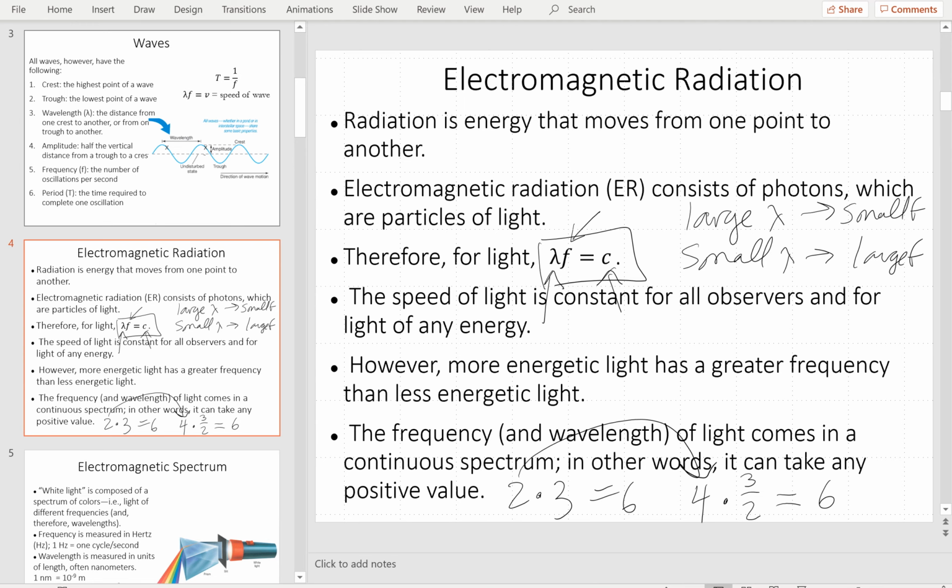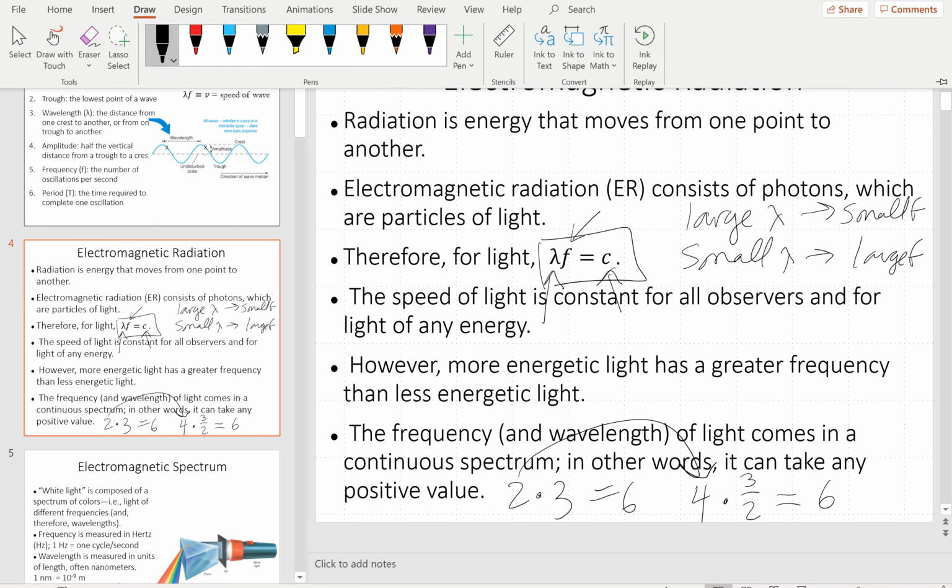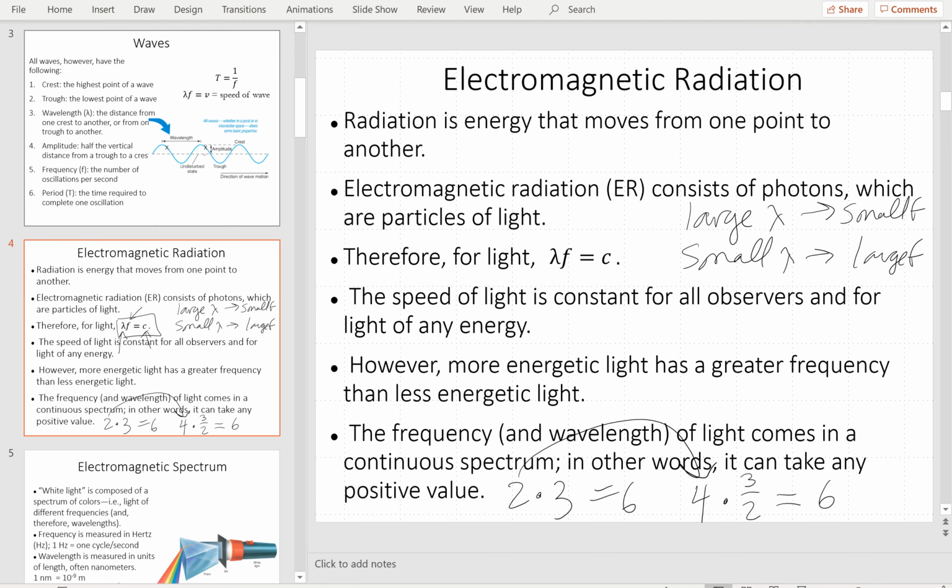Let's talk about what a small frequency or a large frequency or wavelength actually means for light. The difference between different types of light is really that the different types of light have different energies. That's it. Otherwise, they're identical. So some light has a really large frequency, and those kinds of light, or that part of the electromagnetic spectrum, consists of light that has a lot of energy.